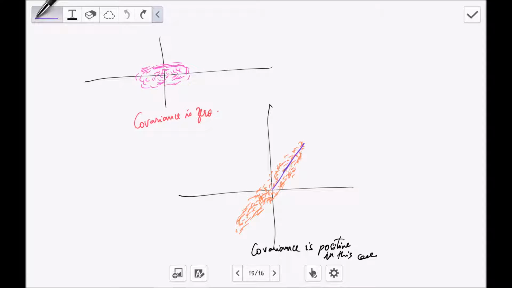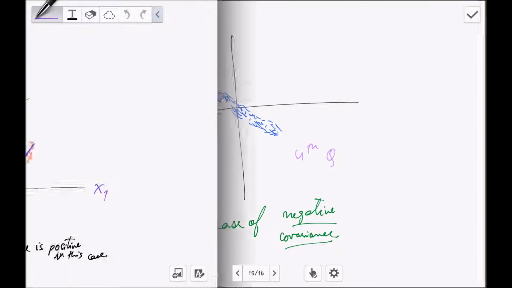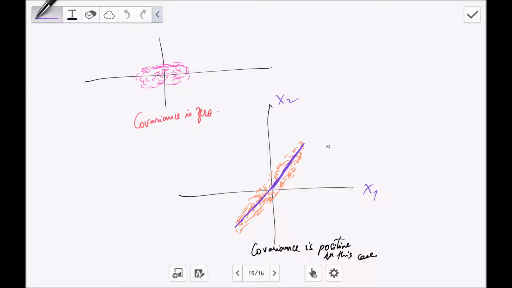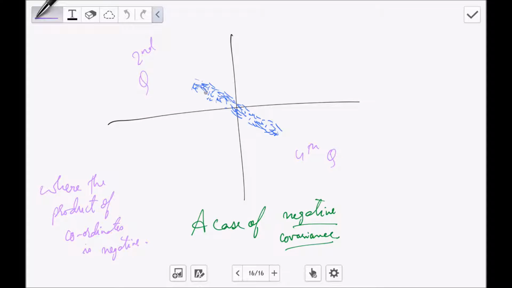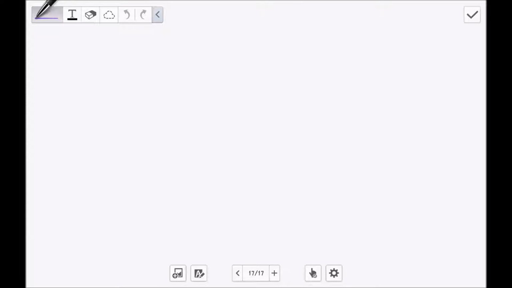Doesn't that show that x1 and x2 have a linear relationship? Similarly, here you have positive covariance which implies a positive slope. You have negative covariance which implies a negative slope. Okay, so let us see that.